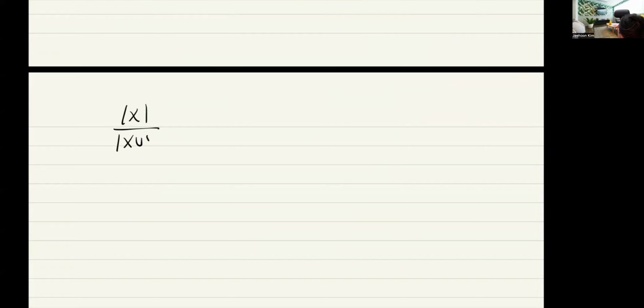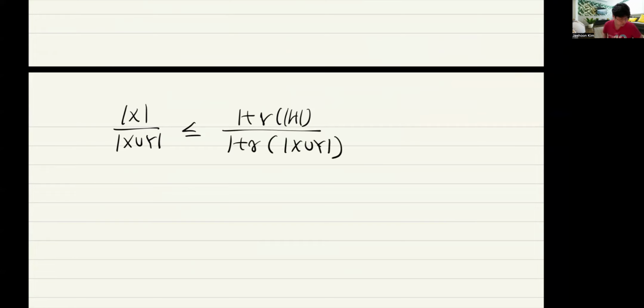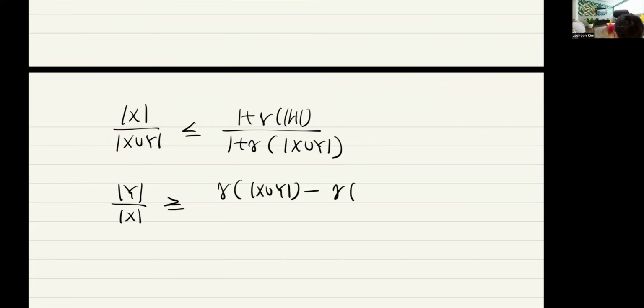X divided by X union Y is at most 1 plus gamma of H divided by 1 plus gamma of X union Y. Okay, because X and Y are disjoint, you flip it and you subtract 1, then you will get Y divided by X is at least gamma of X union Y minus gamma of H over 1 plus gamma of H.